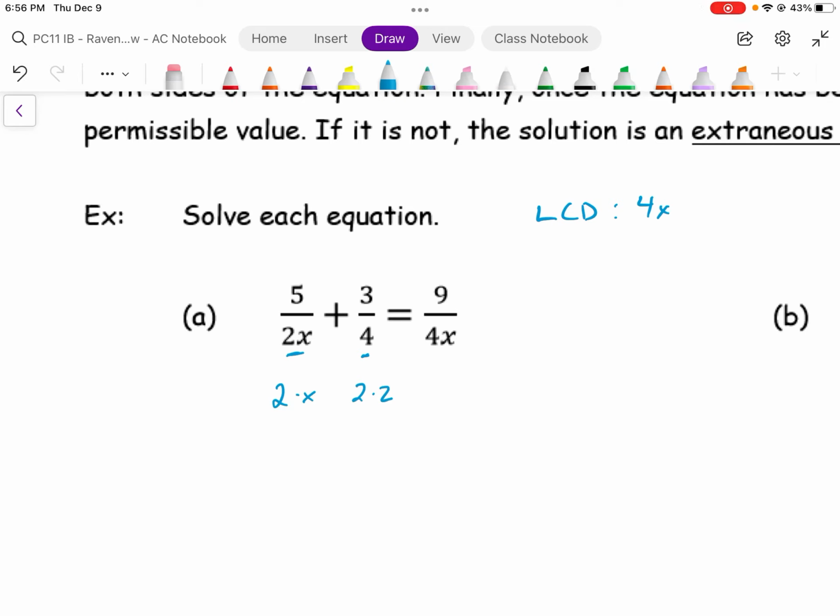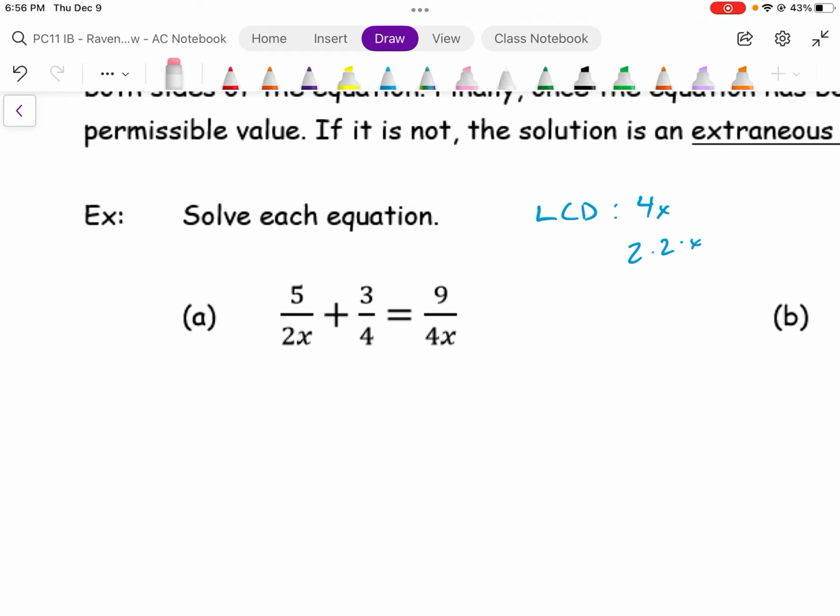And this next one, 4x, is really 2 times 2 times x. So I need to make sure that my lowest common denominator is going to contain all the factors. So it's 2 times 2 times x, better known as 4x. So that's my common denominator.